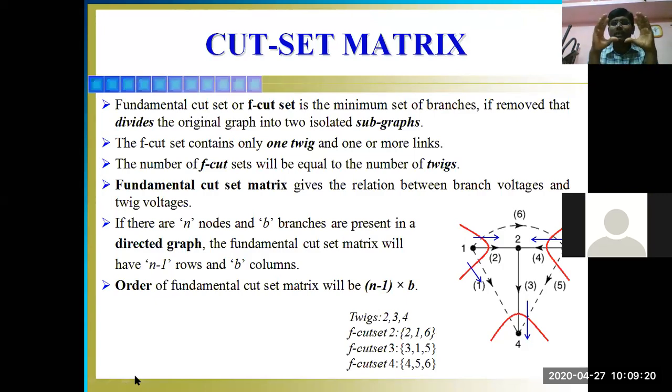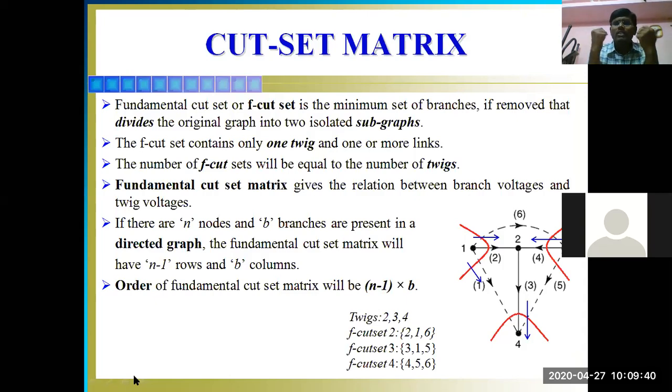So if you remove some branches of the tree and co-tree, consisting of only one twig, that divides the graph into two subgraphs, which is called a fundamental cut set.